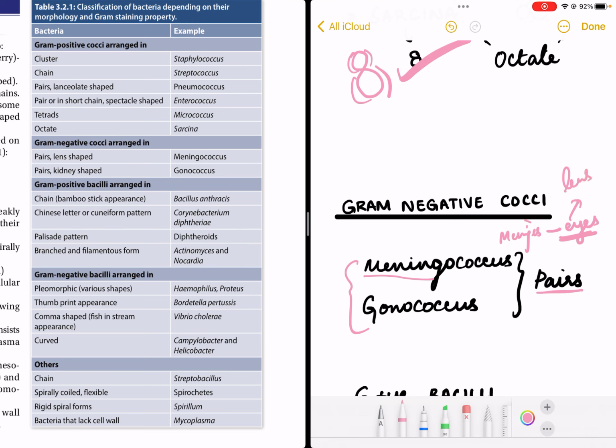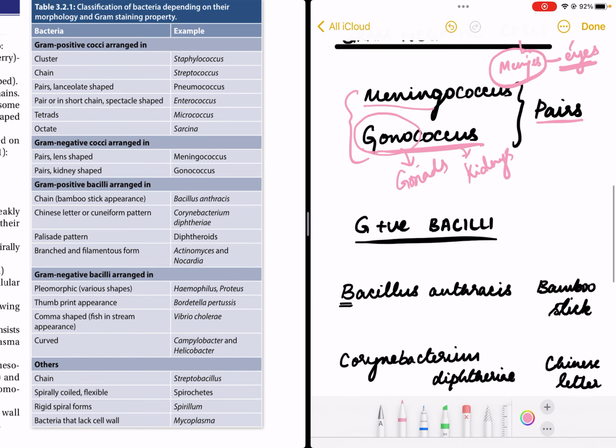So meningococcus has lens shape. What about gonococcus? You all know that gonads are located near kidneys, right? So gonococcus is kidney shaped. Clear? We all know that both are arranged in pairs. The exact shape of meningococcus is lens shaped and the exact shape of gonococcus is kidney shaped. And this is how you remember it.